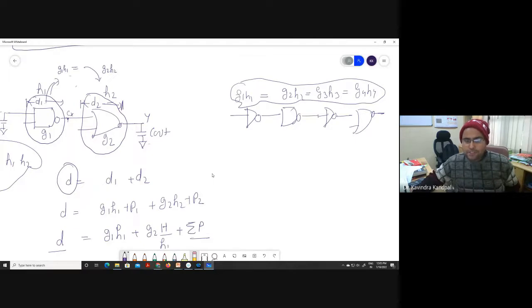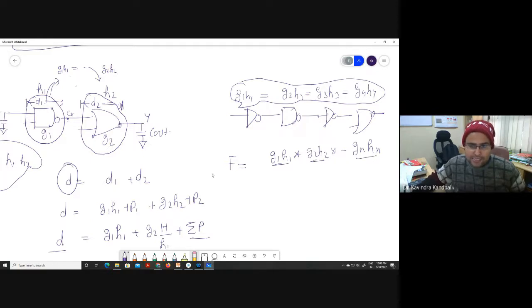Now, if all of you just look, G1 H1, G2 H2, G3 H3, G4 H4 are equal. Do you know how we were defining capital F? Capital F was the multiplication of all GH. If G1 H1 is multiplied by G2 H2 up to Gn Hn, where n is the number of stages, then you know that all these things are supposed to be equal.